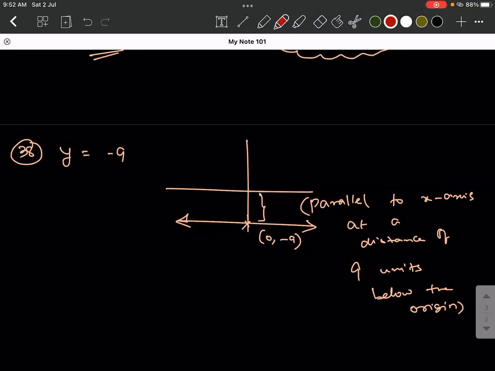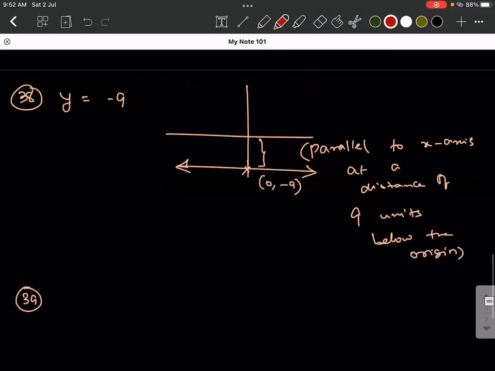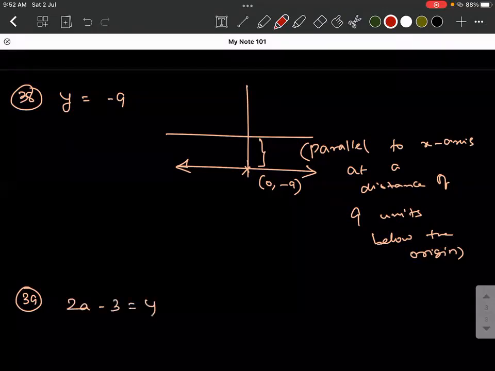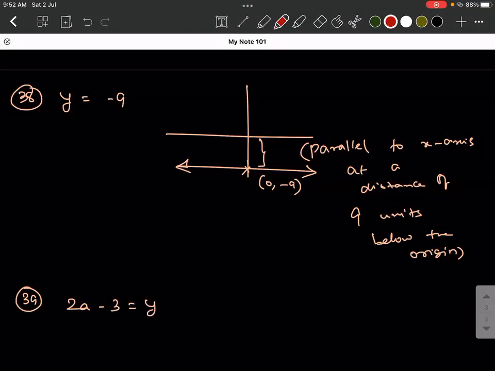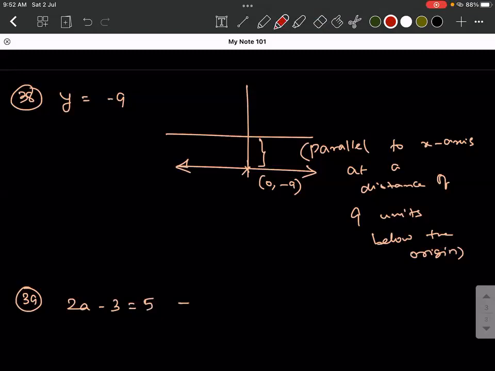Okay. Next. 2a minus 3 is 5, which means 2a is equal to 8, which implies a is equal to 4.